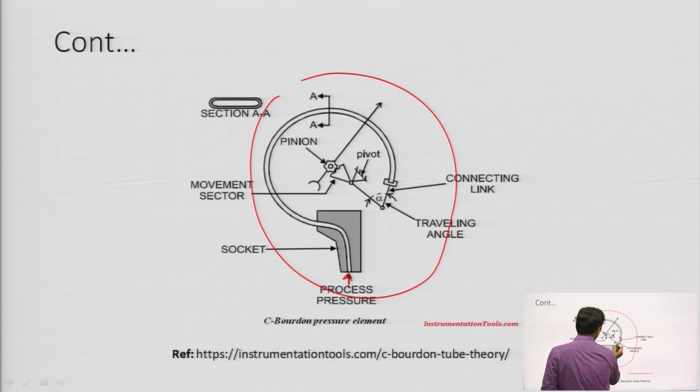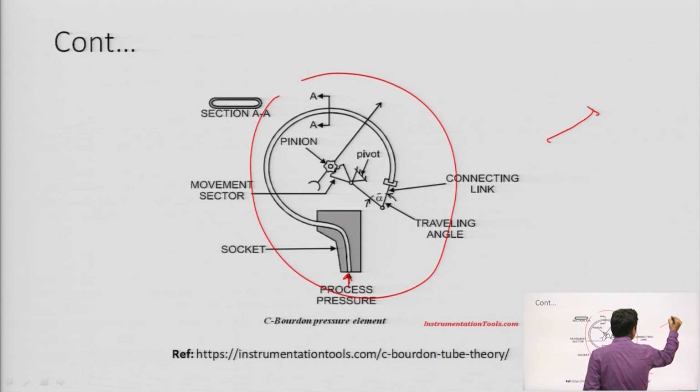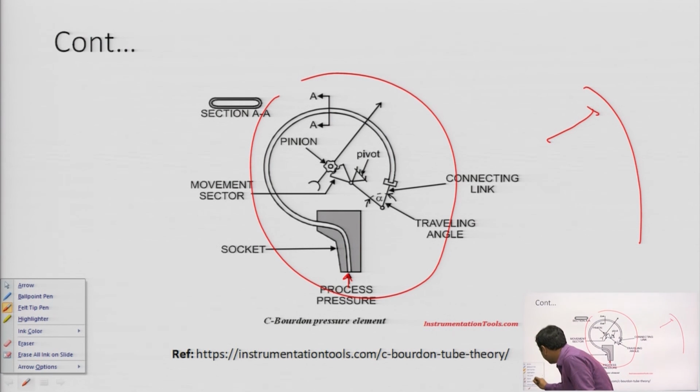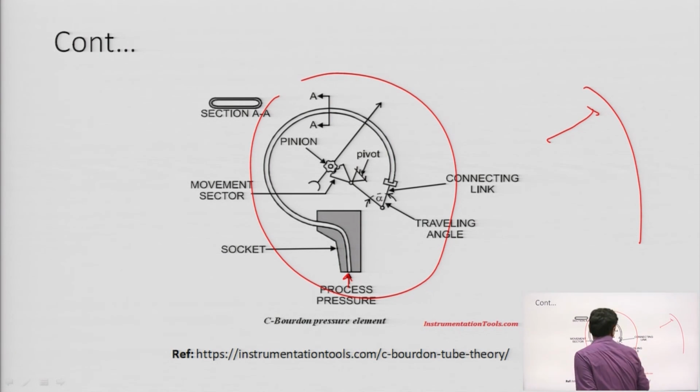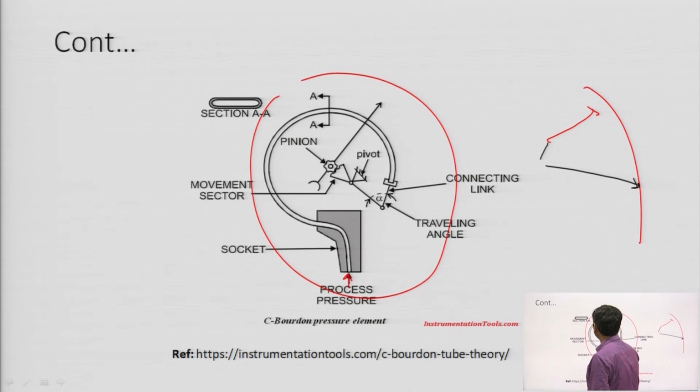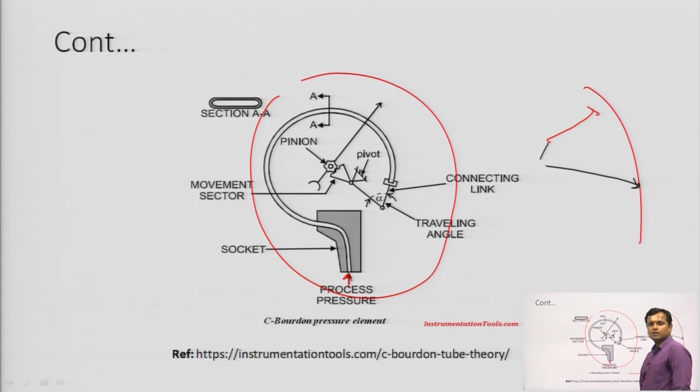Firstly, our pointer is at some fixed position and is connected to the Bourdon tube. When the pressure is applied, the pointer is deflected with respect to the applied pressure, proportional to the applied pressure. That is the simple working of the Bourdon tube.